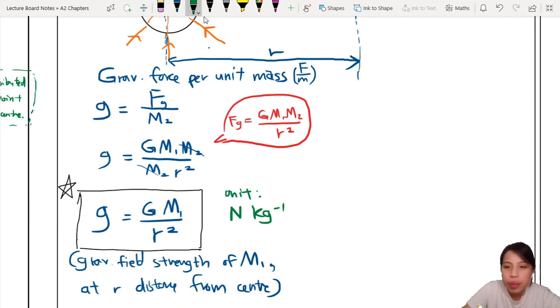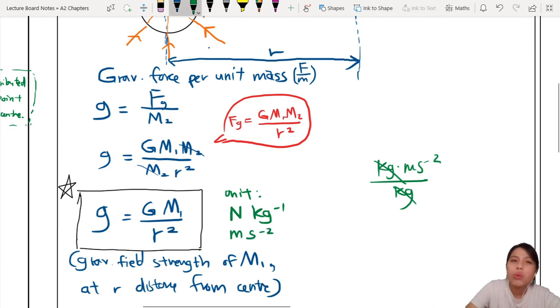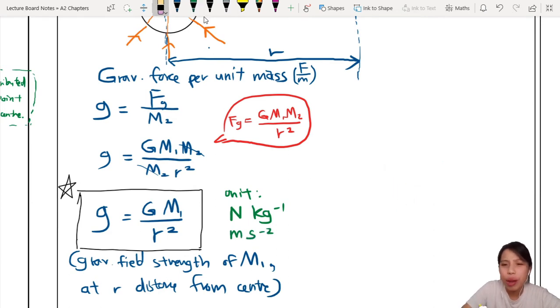Let me write on the side. Newton is kg m s^-2, mass times acceleration. Then divide by kg. Then the kg cancel out. So actually, you can have another unit, which is meters per second squared. Where have we seen meters per second squared before? Oh my word. You say, Miss, isn't that acceleration?